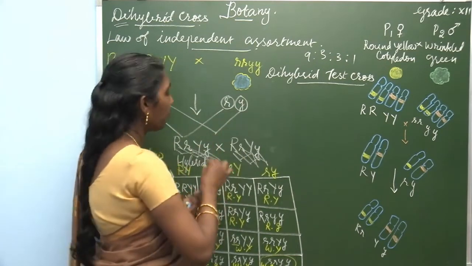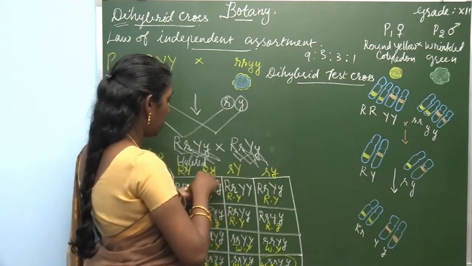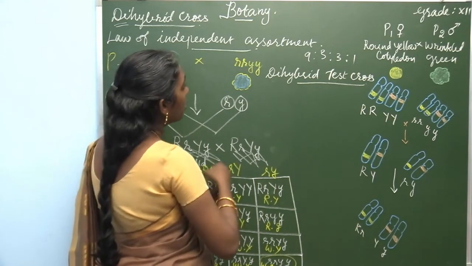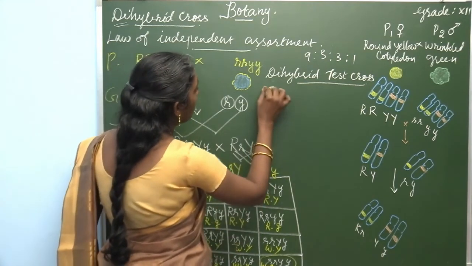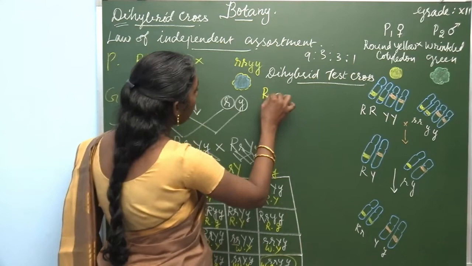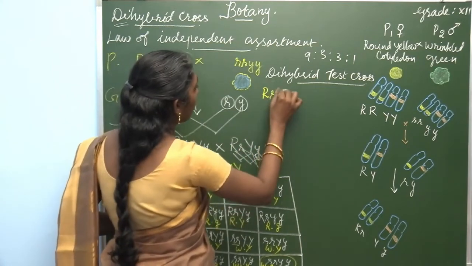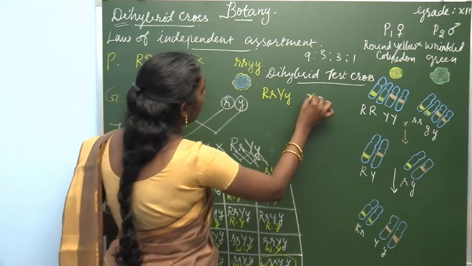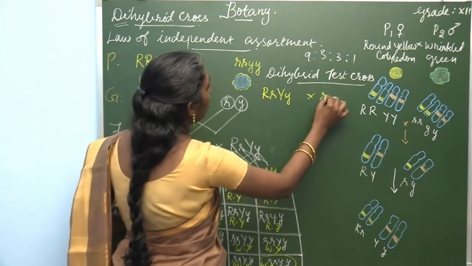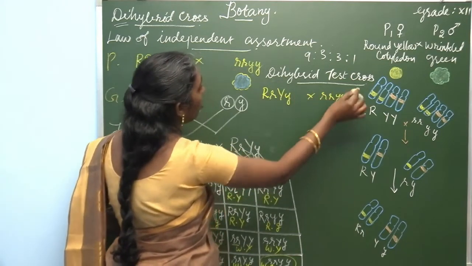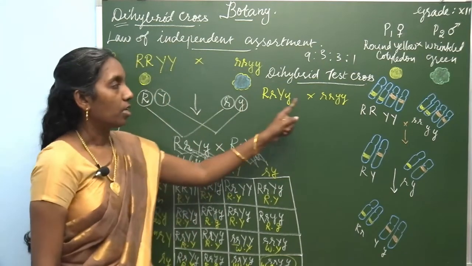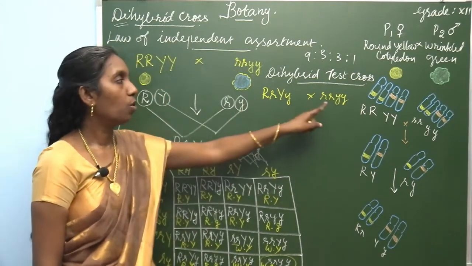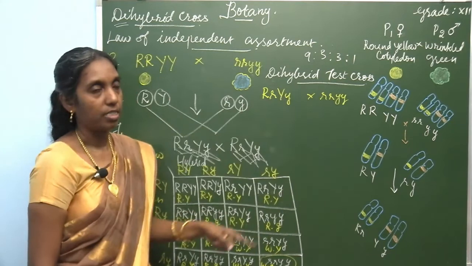So here is the hybrid, capital R, small r, capital Y, small y, and here the parent, small r, small y, small y. Hybrid with recessive parent.